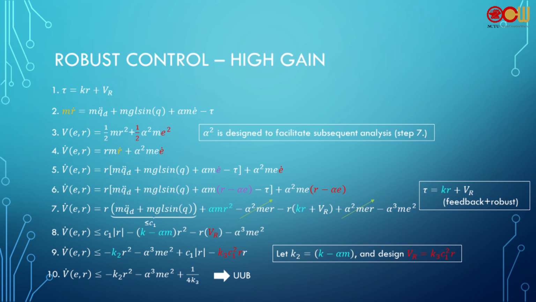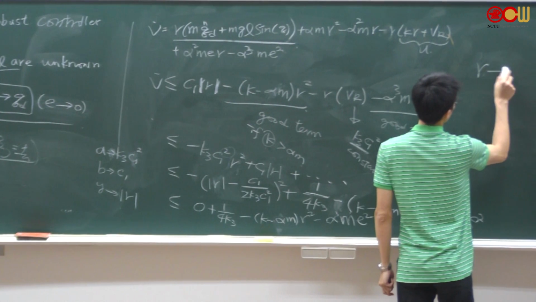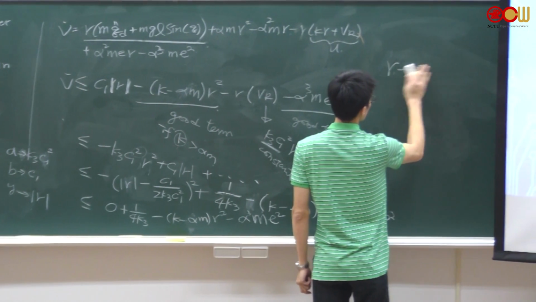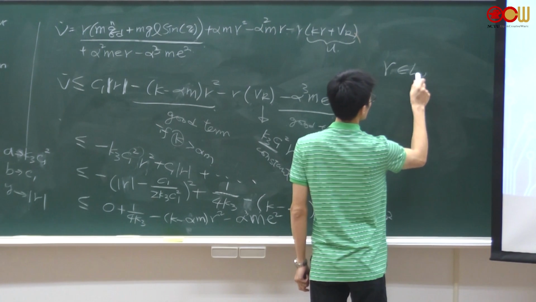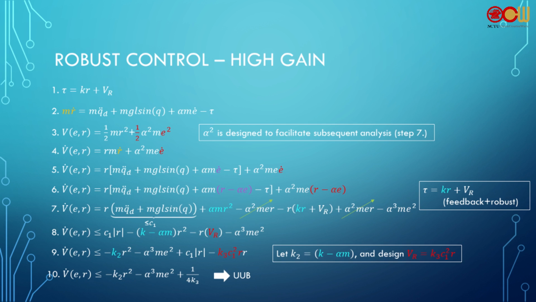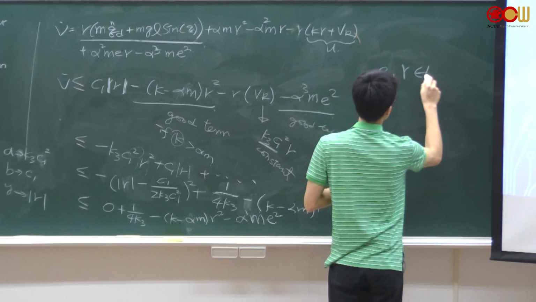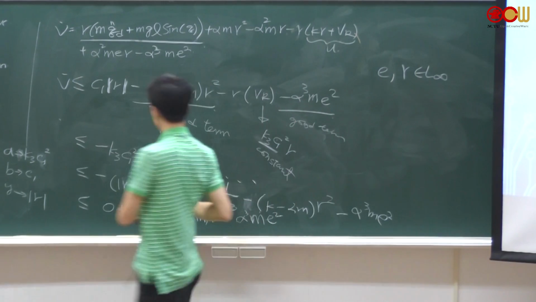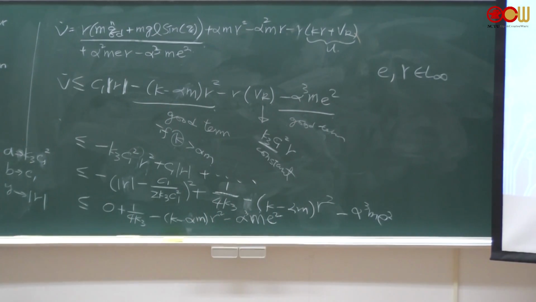And as we say, R will eventually be bounded. This can be used to conclude R will eventually be bounded. Because R and E are signals in the above function, E and R will be bounded. So your tracking signal will be bounded.